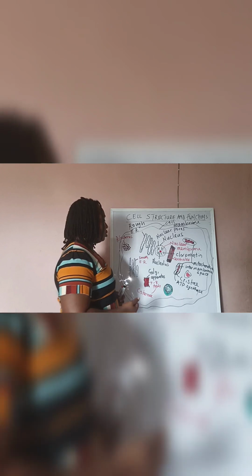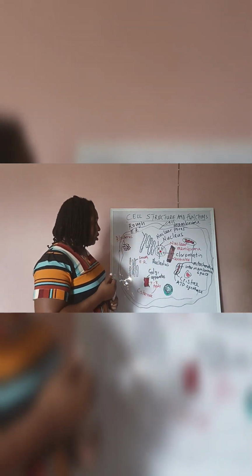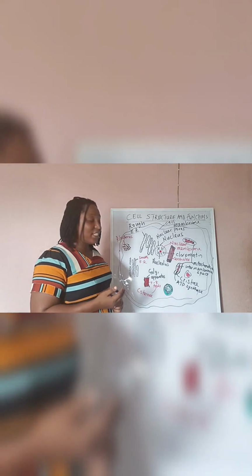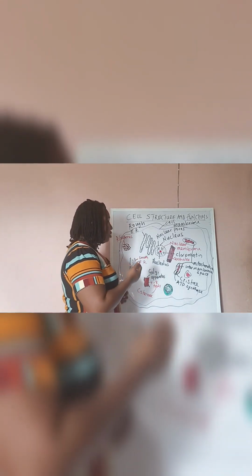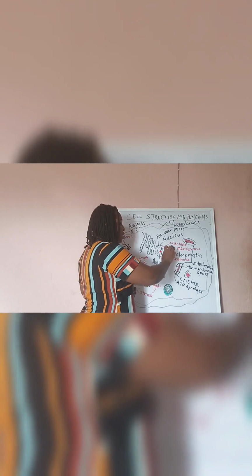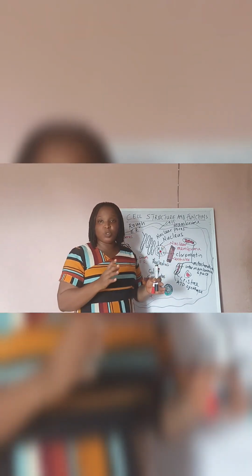So what are the functions of centrioles? The first thing that it does is that it takes part in cell division. During cell division, it is responsible for the formation of spindle fibers, the mitotic spindle, which separate the chromosomes.